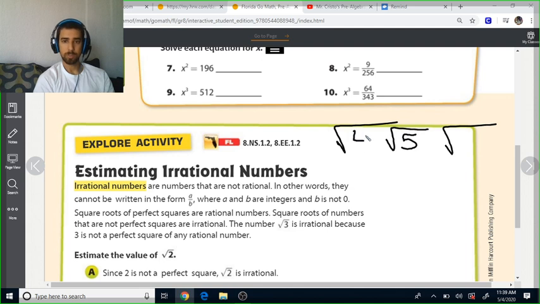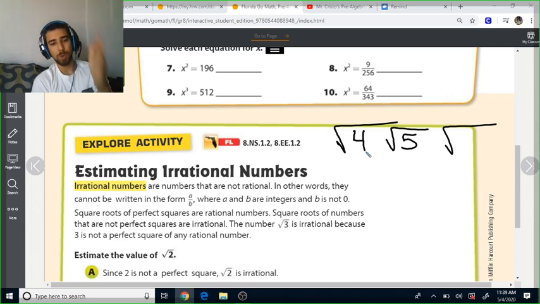Yes, the square root of 4. Can you guys please give me the perfect square that comes right after 5? I'm doing this in a nice little step-by-step process.